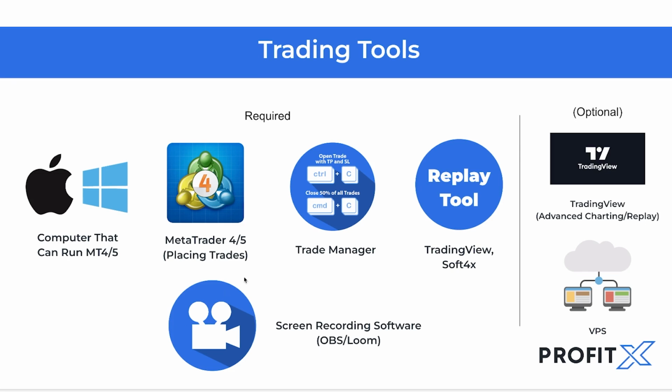Okay. Now, next thing that's required is a screen recording software. OBS is free. So I recommend that you try OBS. OBS records directly to your computer. You may need a hard drive, or you may need a Google Drive or Vimeo account, or maybe even a YouTube account that you use to store your recordings. Okay. So you record them, you can just store them on your computer if you have a lot of space, or you can get a hard drive from Best Buy, store them on the hard drive.